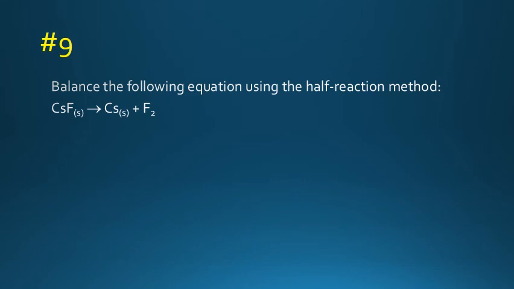Go ahead and pause the video and see if you can do this problem on your own. Well, first I'm going to put in the oxidation numbers. And then I'm going to write oil rig. Okay, so who was reduced? Whose charge went down? That's right, cesium's reduced.